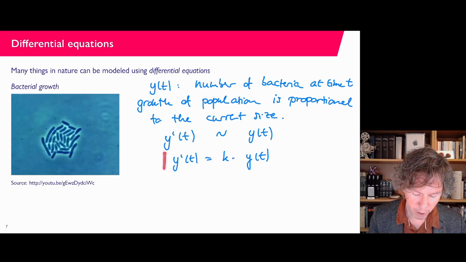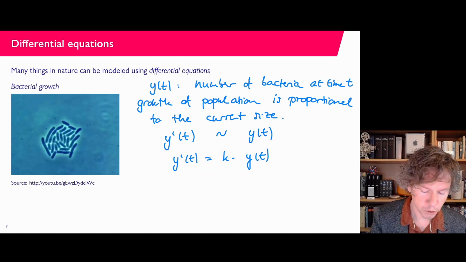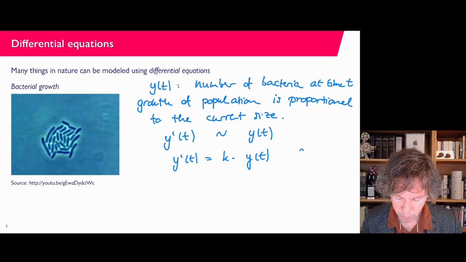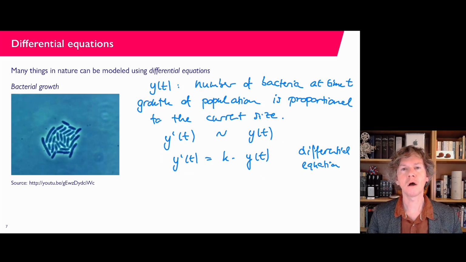And what we have found now, in the highlighted area, this is called a differential equation. So it is an equation for an unknown function.